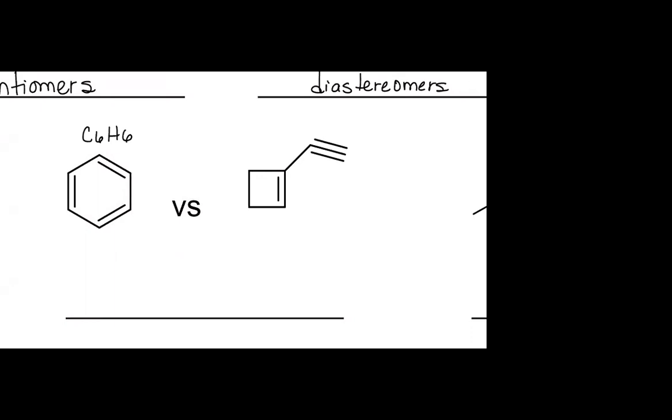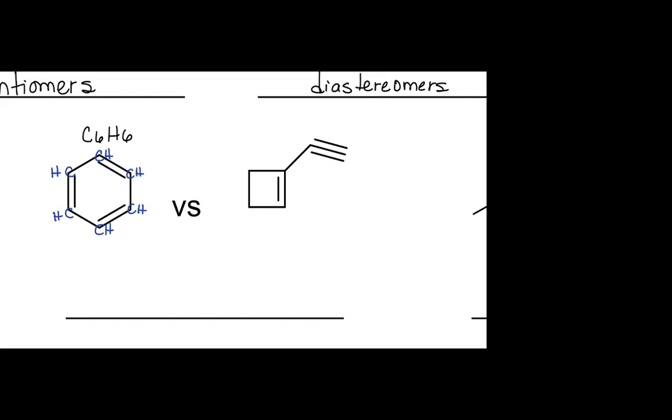Remember, each vertex has a carbon and they have a hydrogen. Let me add in the carbons and hydrogens here so people see it. CH, CH, CH, CH, CH, CH.